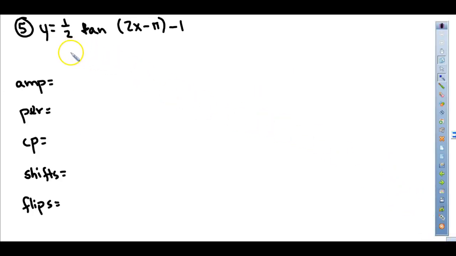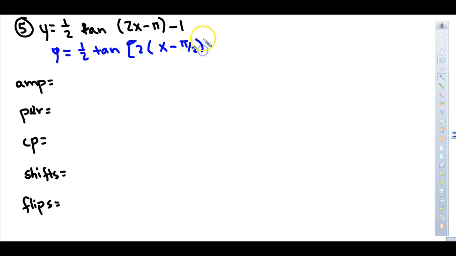Okay. Alright, be careful here. B is not 1, C is not 0, so let's factor out B. So still no amplitude, and we don't even need A. Remember, A is not involved with tangent or cotangent when we get to that one in the next problem.